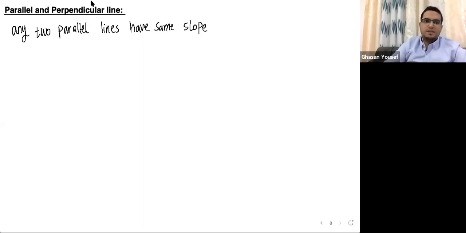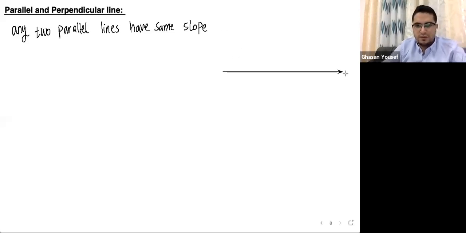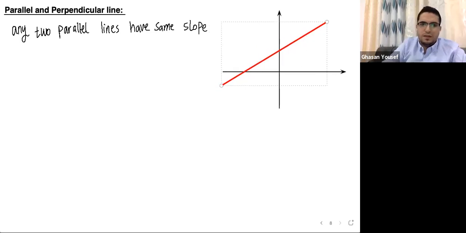What I mean by this is, suppose I have two parallel lines like this. The first line is the red one, and the second line is the green one.